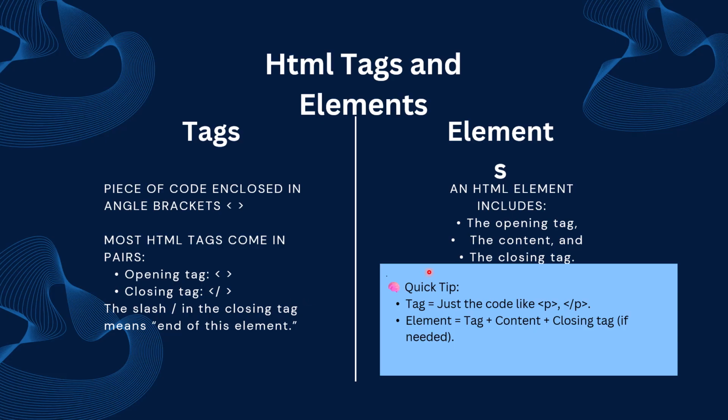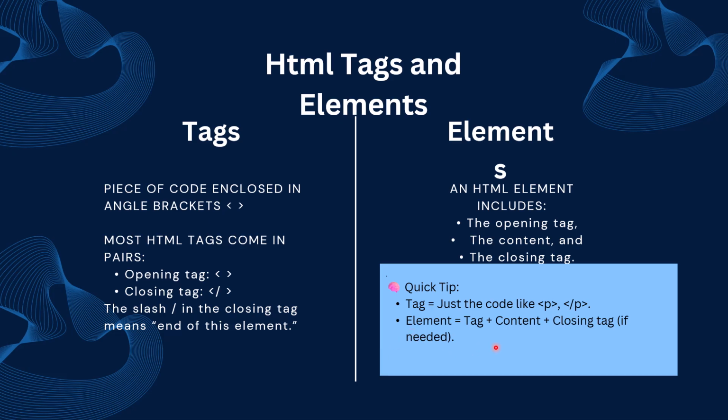And see what elements are. HTML elements include the opening tag, content, and the closing tag, three of them. Tags are just the code: opening angle bracket, tag, and closing angle bracket. Elements are different from tags.